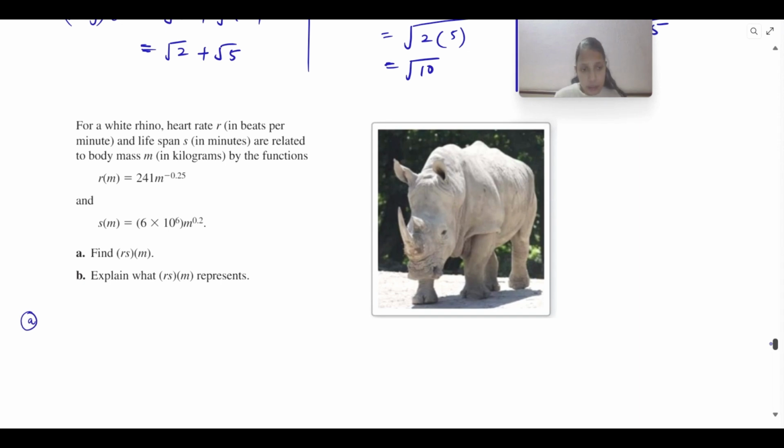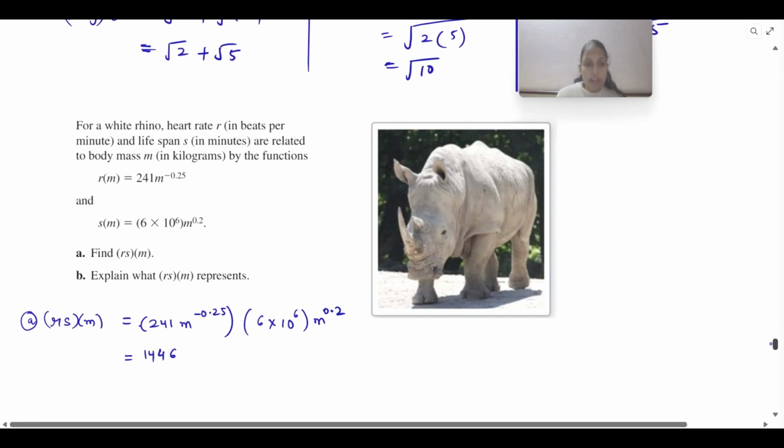So let's calculate Rs at M. What is Rm? R at M is 241 M power negative 0.25. What is S at M? 6 into 10 power 6 times M power 0.2. You can multiply them. If you multiply them, you will get 6 1s are 6, 6 4s are 24, 1446 into 10 power 6.